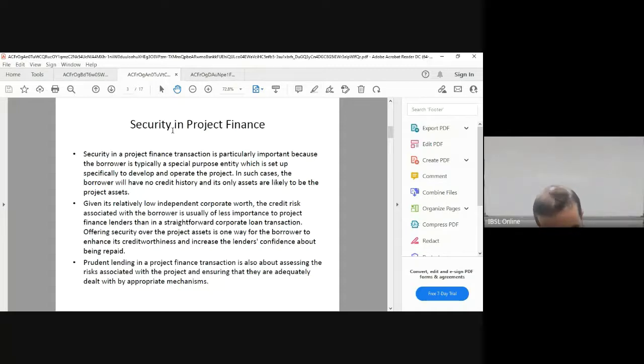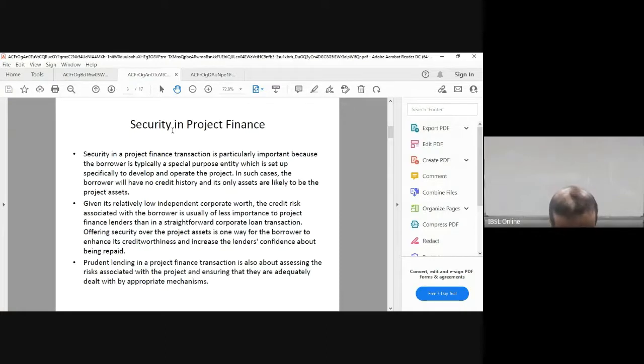If I take a simple example, now we have the twin towers in the port. Supposing you have taken the mortgage of the twin towers and you are going to sell that in an auction, who is going to buy it? Some people will be there to buy floors of the twin towers, but not the entire two buildings. So likewise, with large projects, it's very difficult to take security.